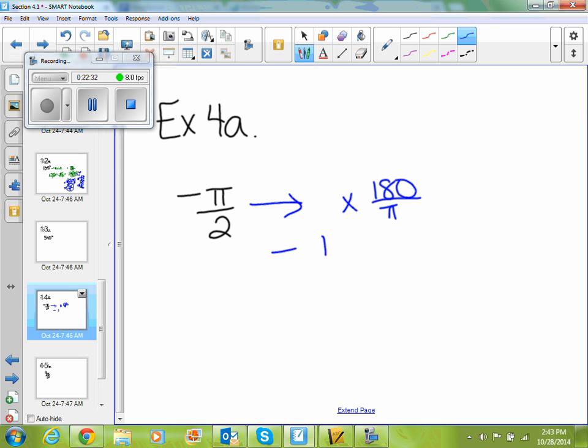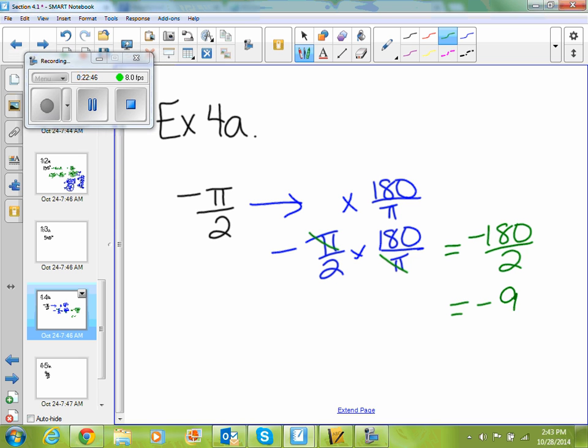Okay, so if I take negative pi over 2 and I multiply it by 180 over pi, then I know that my pi's cancel. So I end up with negative 180 over 2, which then reduces down to negative 90. So you'd end up with negative 90 degrees.